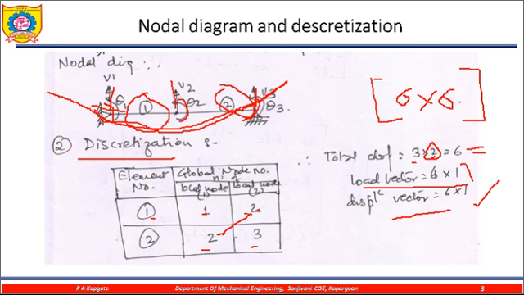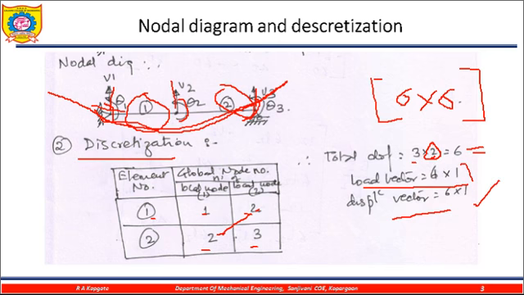But once we have calculated the global stiffness matrix, there is a need to learn the force vector, because that plays a very important role in beam problems. So F is equal to K into D. Now this is the force vector. At node 1 we have a UDL, uniformly distributed load, that is PL divided by 2 into R1, the reaction also applied here.